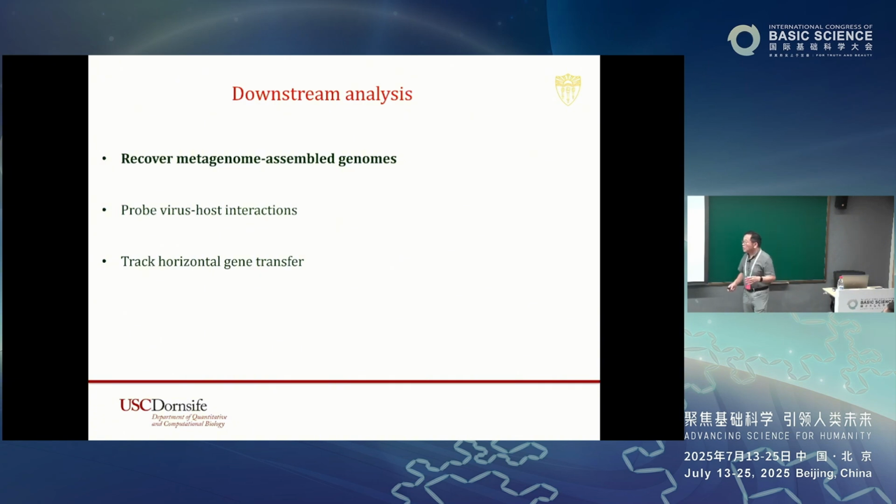Okay, so as I mentioned, the objective of Hi-C is to recover the microbe genomes and study virus-host interactions. Can we do that? That's the next phase, and it's getting deep into biology.